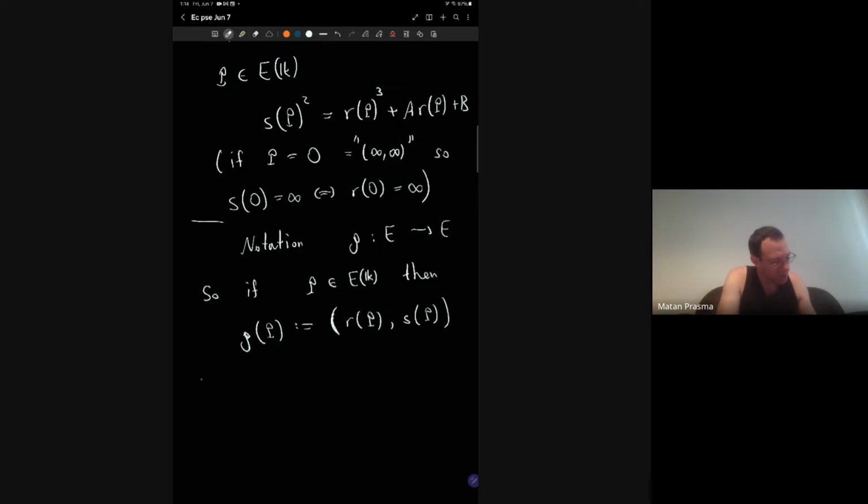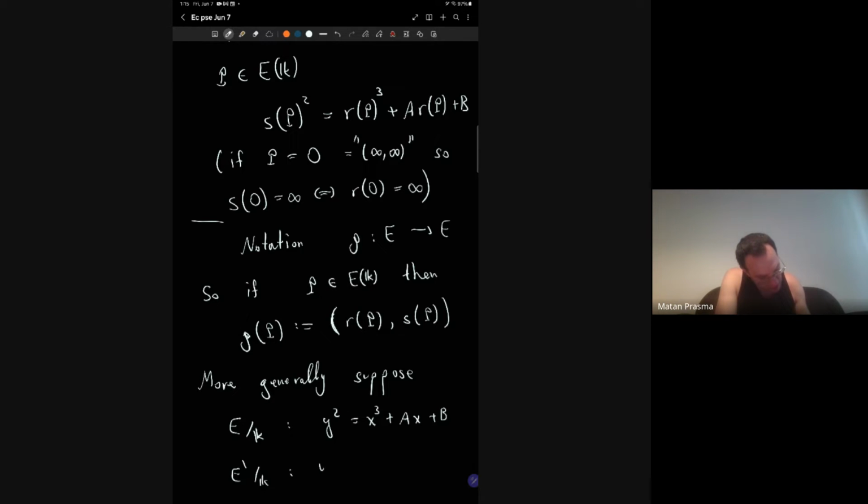More generally, suppose E over k is y² = x³ + ax + b, and E′ over the same field k is y² = x³ + a′x + b′.